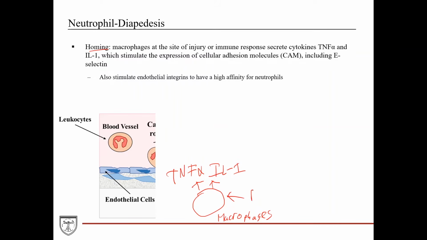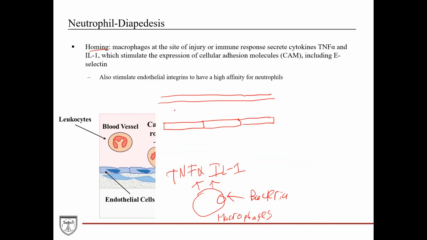So they'll engulf, let's say, a bacteria, and they'll break it down, and in response to that, they'll secrete these cytokines. What these cytokines do then is, you'll have your endothelium like this, which is just an epithelial layer, and this is the other side, and you have the blood in here circulating.